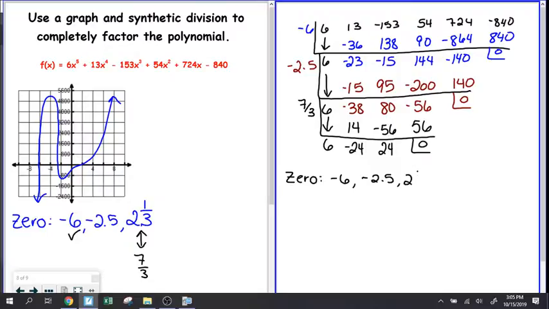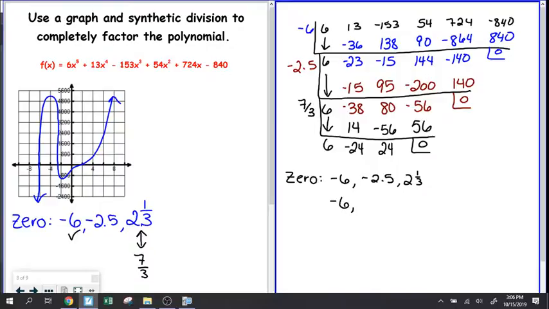You guys a couple days ago had a problem where I asked you to go from the zeros to a polynomial, and in that process had to go to the factors. But instead of looking at it like this, we had them all as improper fractions. It'll be a lot easier for you to write the factor if you write these as improper fractions than as like 2.5 and 2 1/3. So instead of this list, I would look at it as this list.